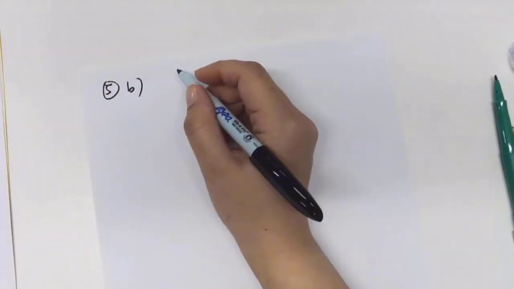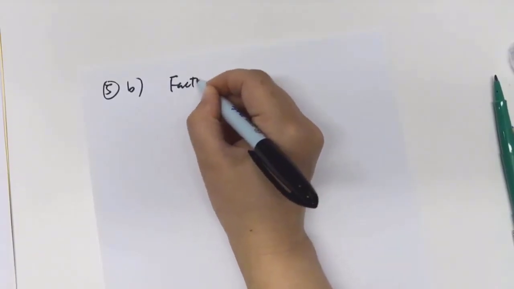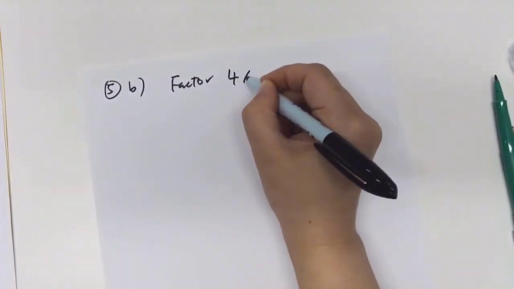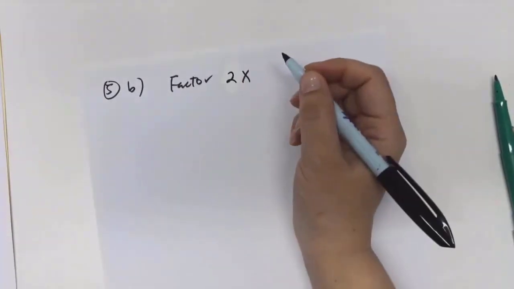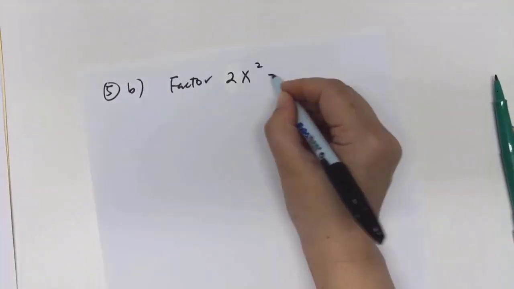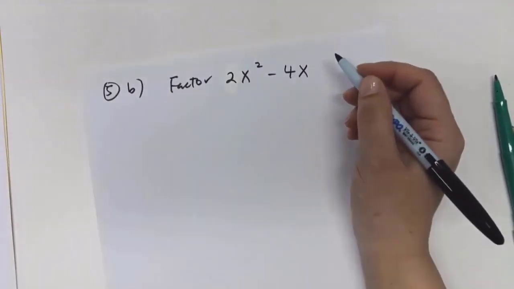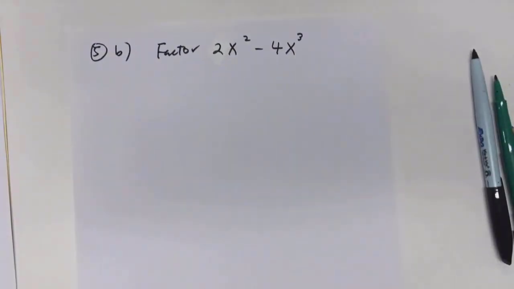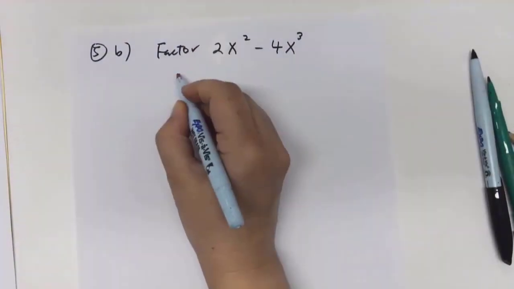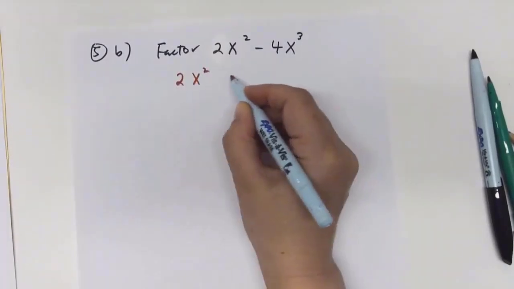If we have factoring 4, 2x squared minus 4x cubed. Because they have 2 in common, they have x squared in common.